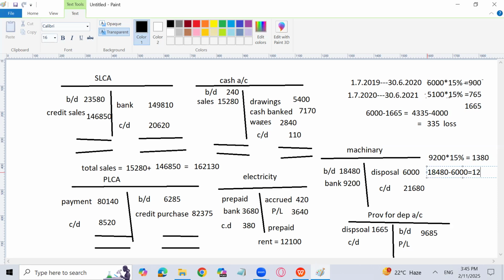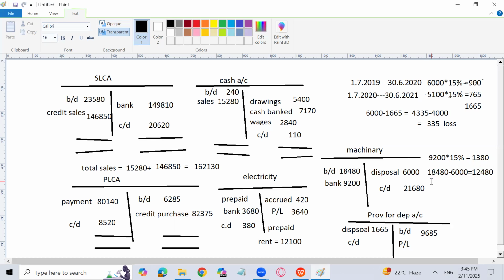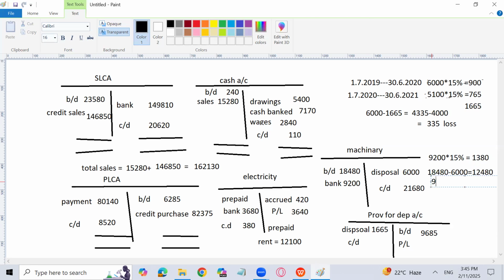The answer is 12,480. Then depreciation on existing assets, which is 9685, minus depreciation on the asset sold till the start of the year, that is 1665. We will get the depreciation on existing assets, whatever it has been already charged in the past.